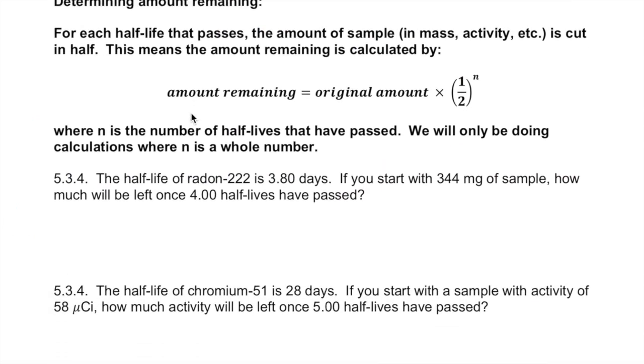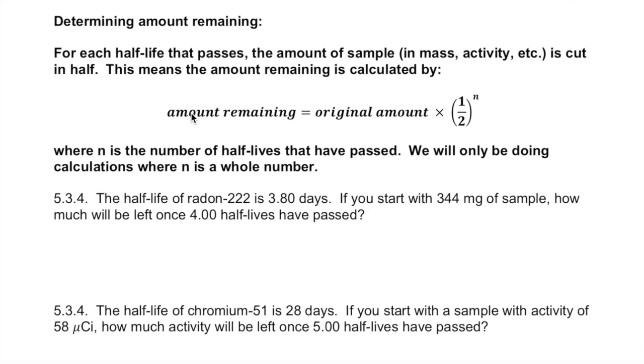All right, so we mentioned that the half-life is how long it takes for half the sample to disappear. So the amount of sample that you have, whether you're talking about mass or the amount of activity of the sample, it gets cut in half every time a half-life passes. So another thing that we can do with this half-life is figure out the number of half-lives that have passed, and then we multiply the original amount by half that many times.